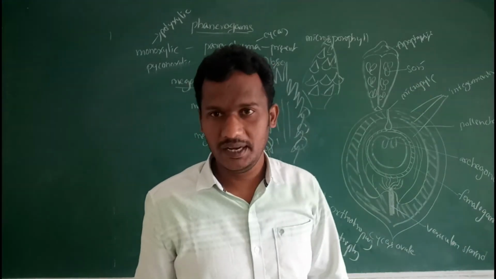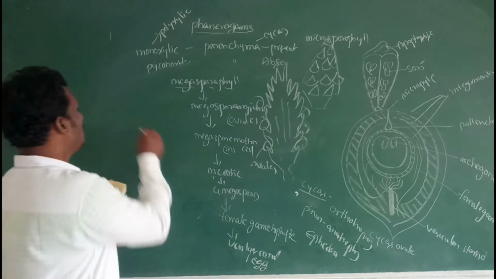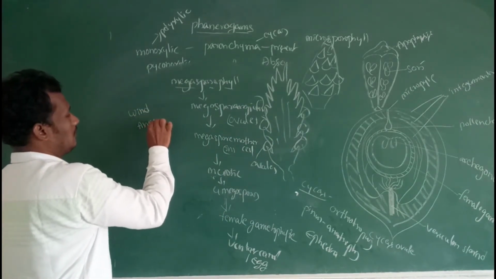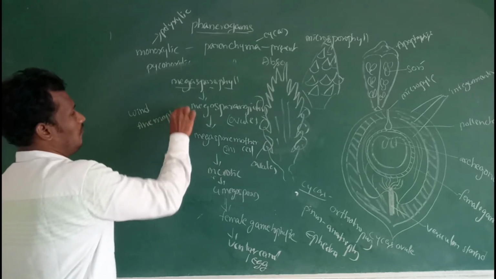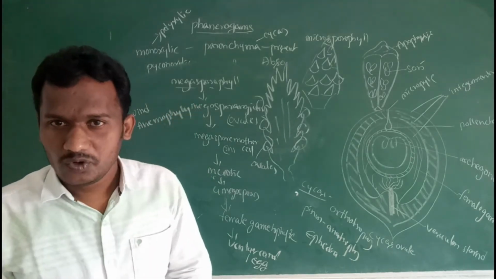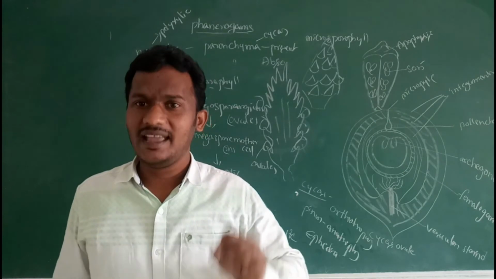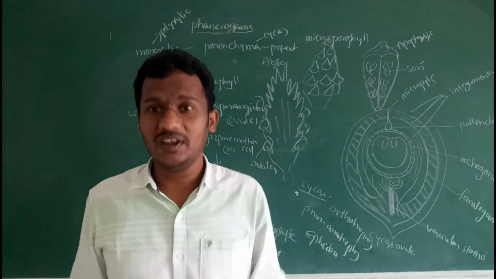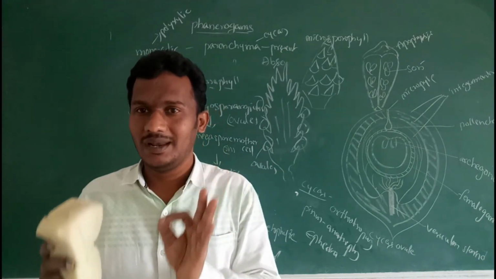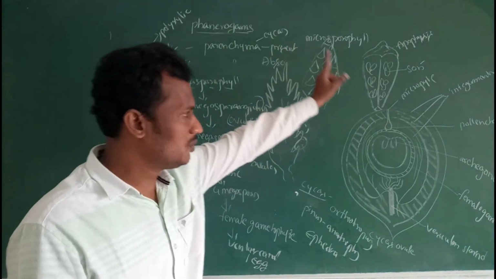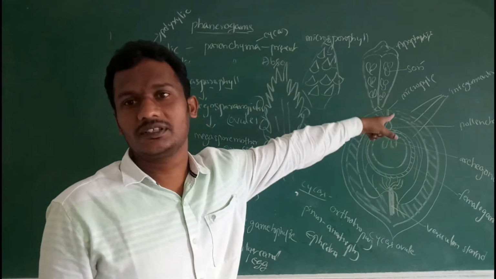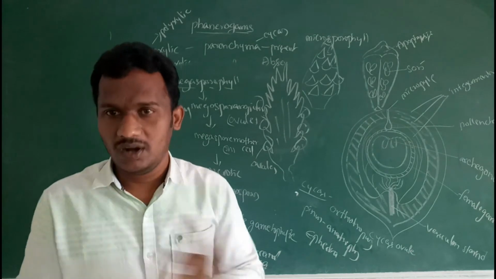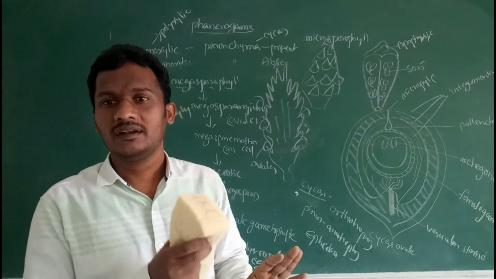This type of pollination is known as wind pollination, anemophily. So in gymnospermic plants the pollination is direct, anemophilous. Here there is no need for external water for the movement of sperms.